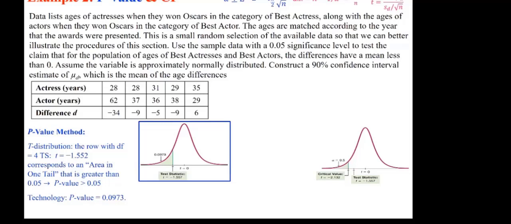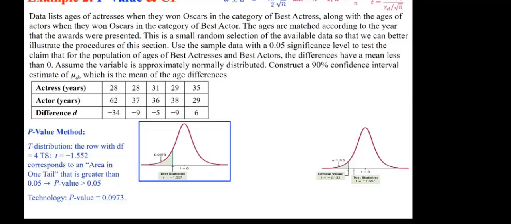The p-value is not there. We can just tell that it is larger than 0.05, okay? The technology gives you 0.0973. In a moment, I will show you how we arrive at that using a table. But for now, let's stick with that, and let me show you the confidence interval.